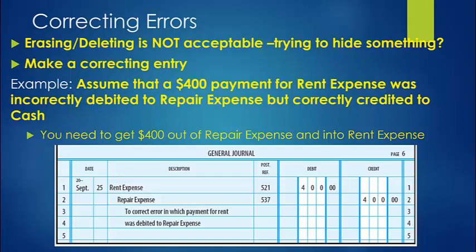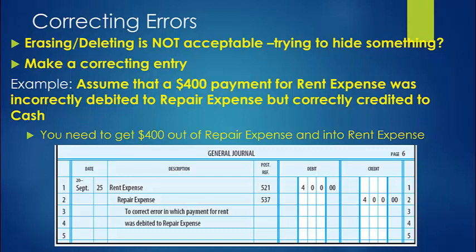That may make people suspicious. You never want to raise any suspicion when you're dealing with other people's money. If you're dealing with a computerized system, you do not want to delete transactions because that looks fishy as well. So what you would do is make a correcting entry.